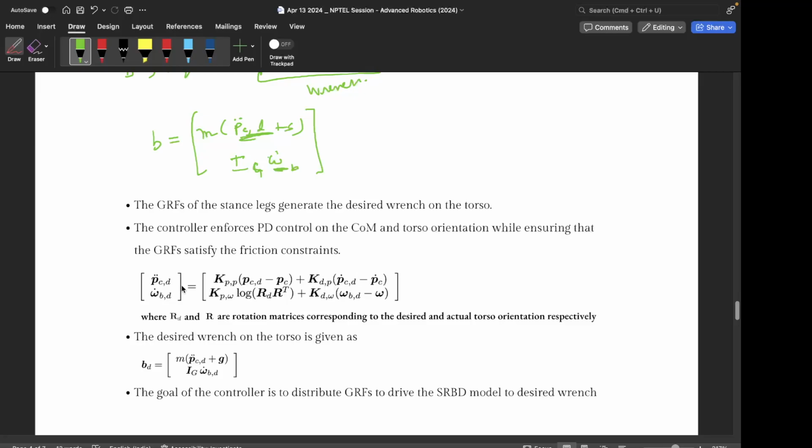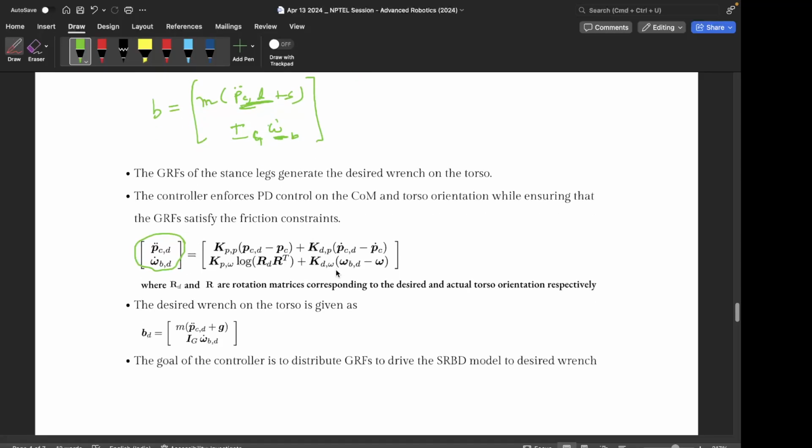These acceleration terms are found by applying a PD control. PD control we have seen. This is PD control on the position and orientation of the base. This is the position part, this is the velocity part, this is the orientation part, and this is the angular velocity part. These Kp, Kd are the diagonal gain matrices.